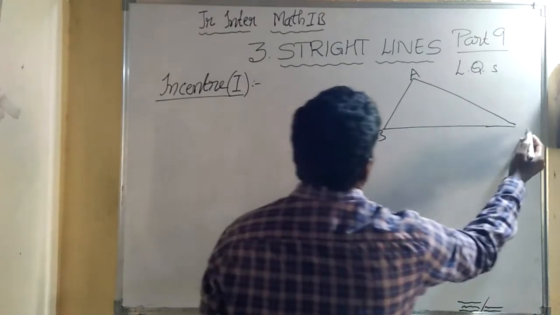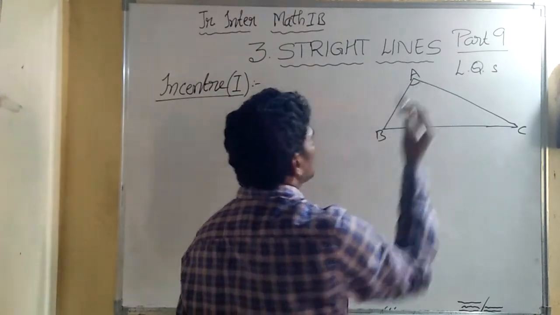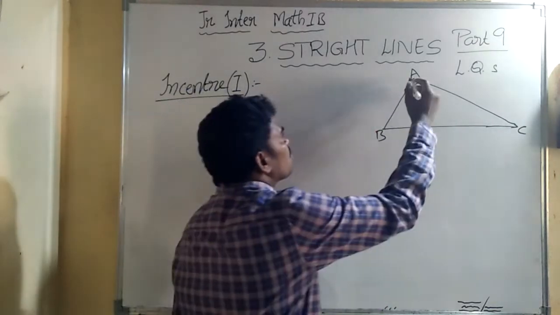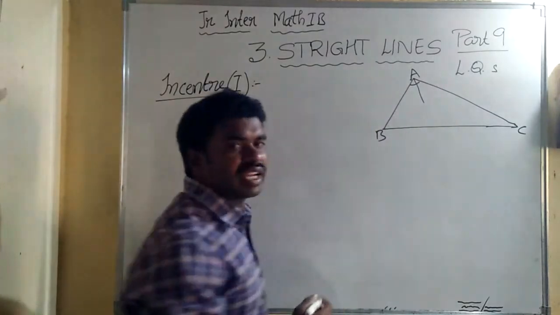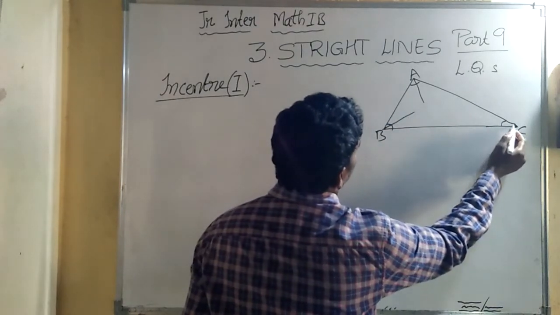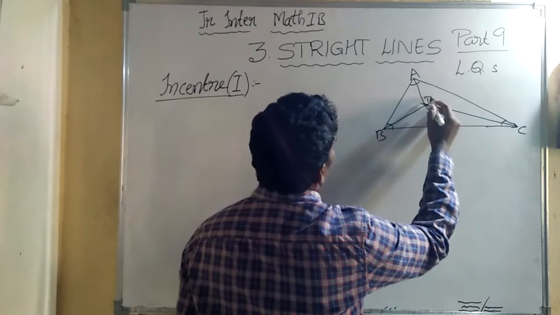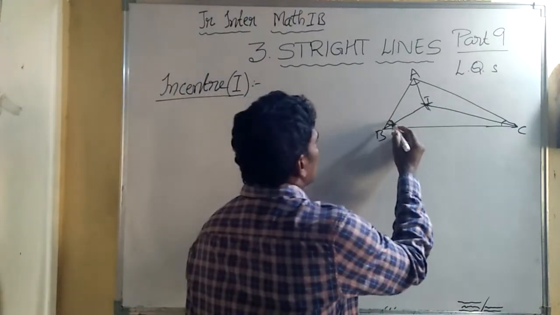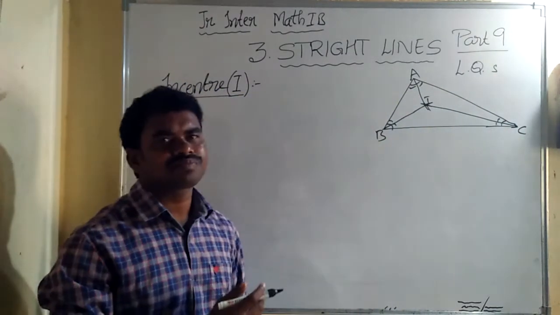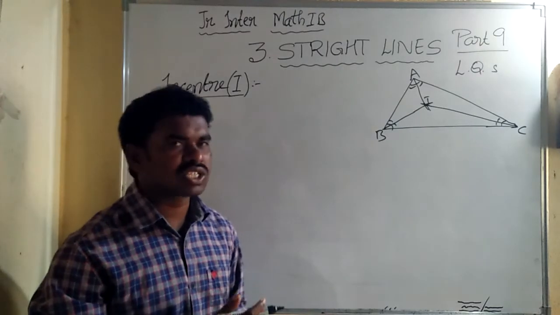Angular bisector means, for example, angle A is 80 degrees, then the bisector is 40, half of angle A. Similarly for B, half of angle B, and similarly half of angle C. These three are concurrent at a point, that is called Incentre I. Incentre means simply the concurrency point of angle bisectors of the triangle.